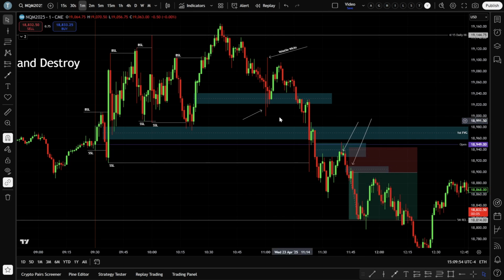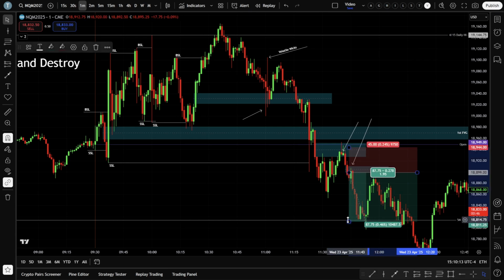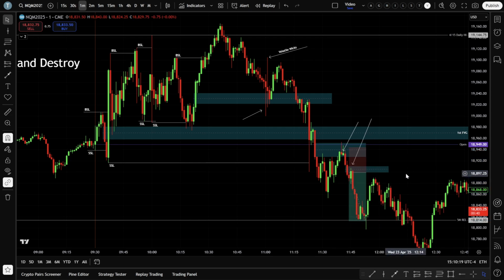And if you can't afford that, trade the micro contracts, MNQ, which is 1/10 the size of this. That way you can afford more of a risk there. And 85 points in profit you can get. That would have been your trade setup.